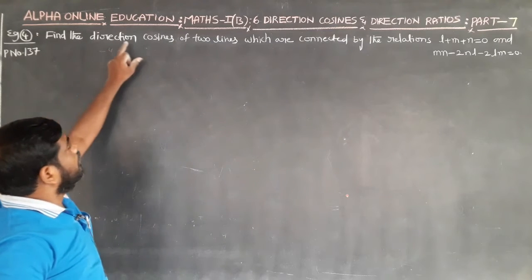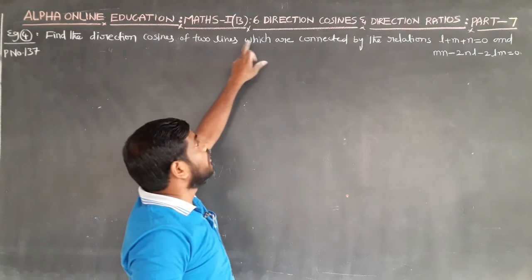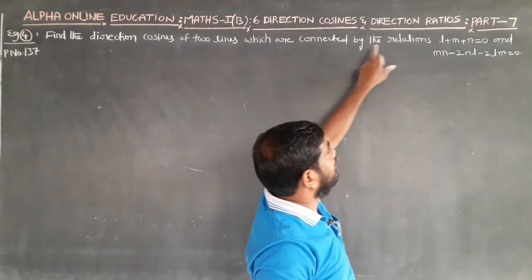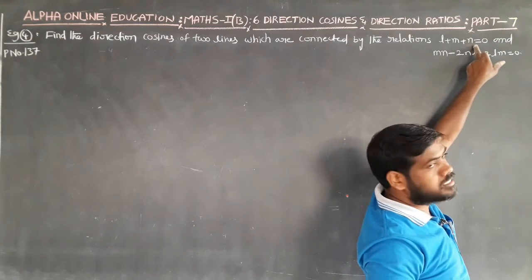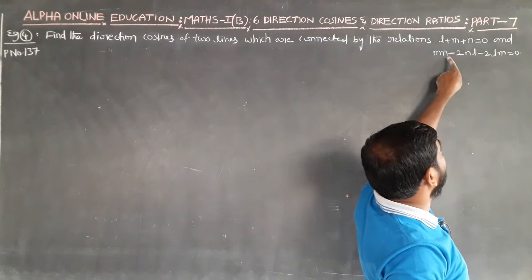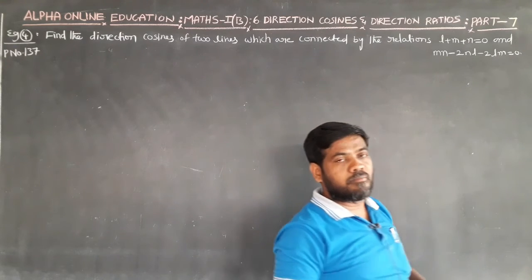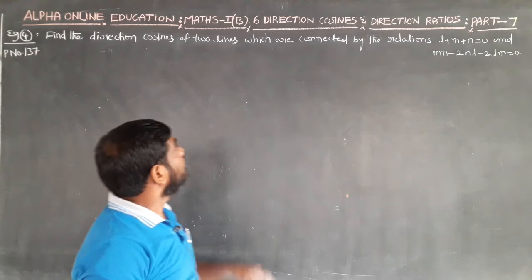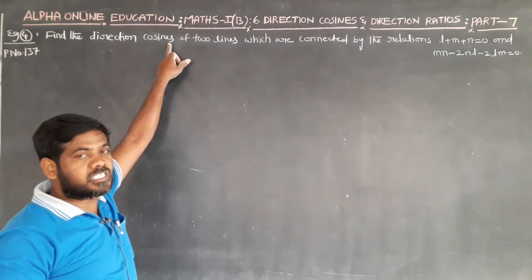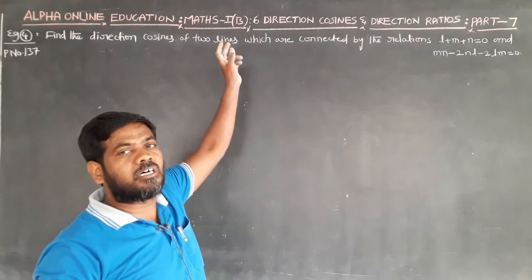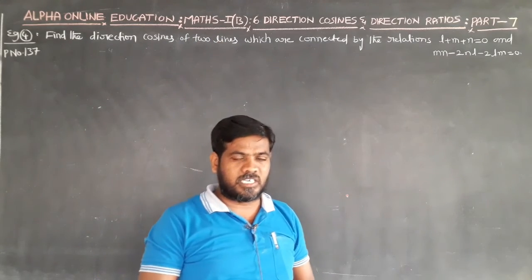Find the direction cosines of two lines which are connected by the relations L plus M plus N is equal to 0 and Mn minus 2NL minus 2Lm is equal to 0. Find the direction cosines, means DCs, of the two lines which are connected by the relations.